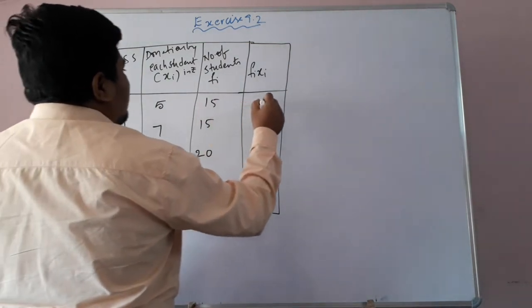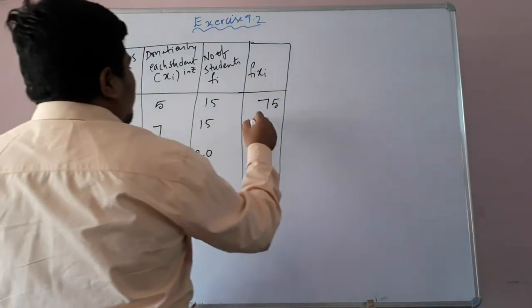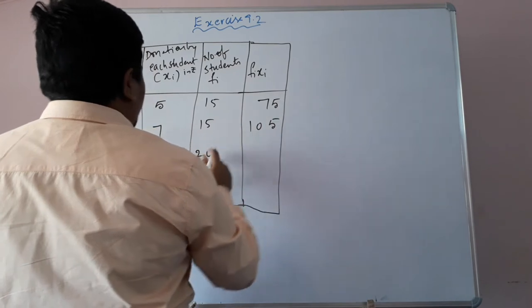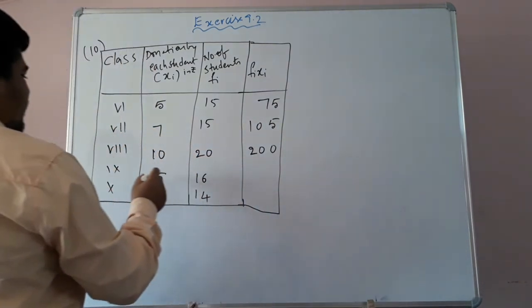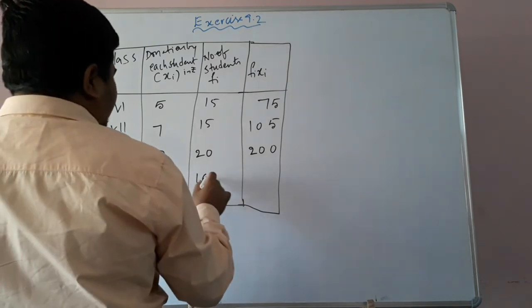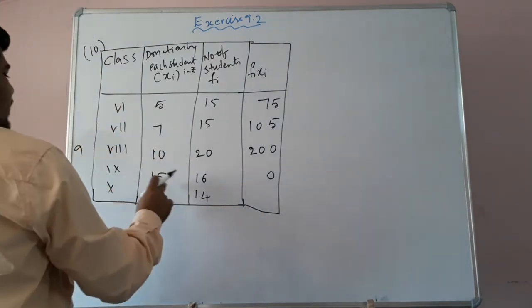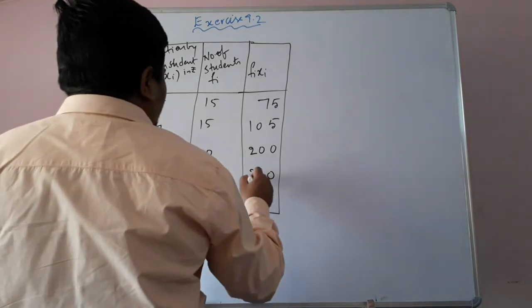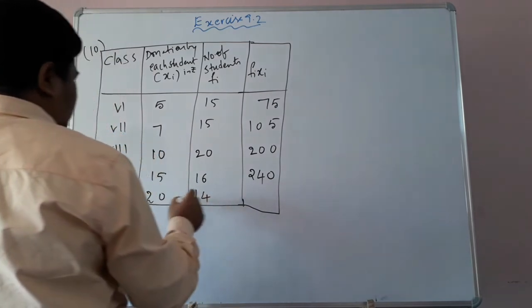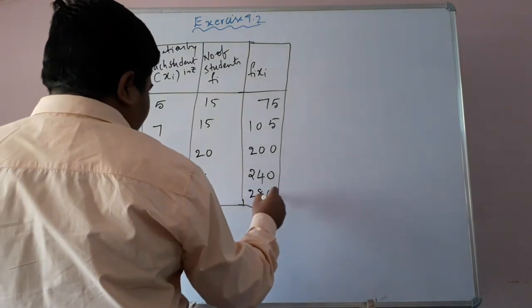15 fives are 75. 15 sevens are 105. 20 tens are 200. Now 16 fifteens: 15 sixes are 90, and 15 ones are 15, 15 plus 90 is 240. 20 fourteens: 14 twos are 28, and 0 as it is we will take.